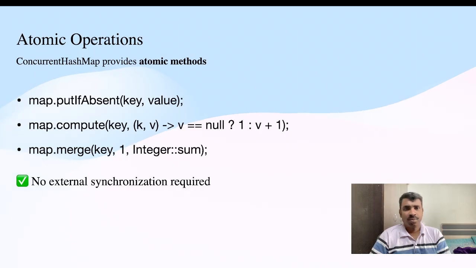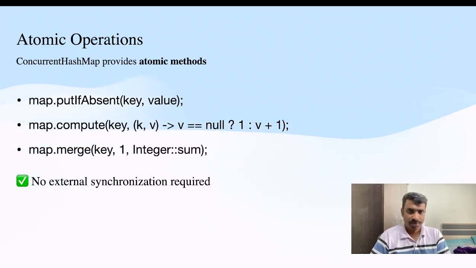So next is atomic operations. ConcurrentHashMap provides atomic methods, which means they are by default thread safe. You know atomic objects like AtomicInteger and AtomicBoolean; these all come under the concurrent package, and all the atomic variables, methods or objects are thread safe.